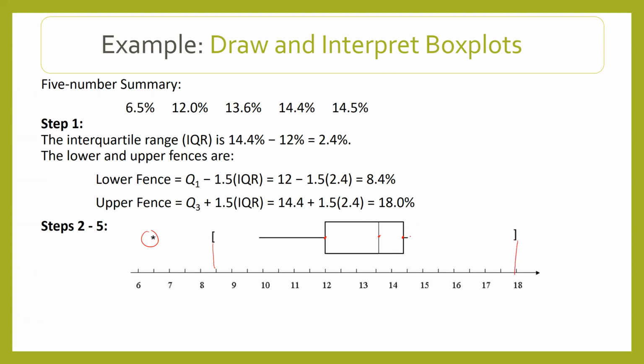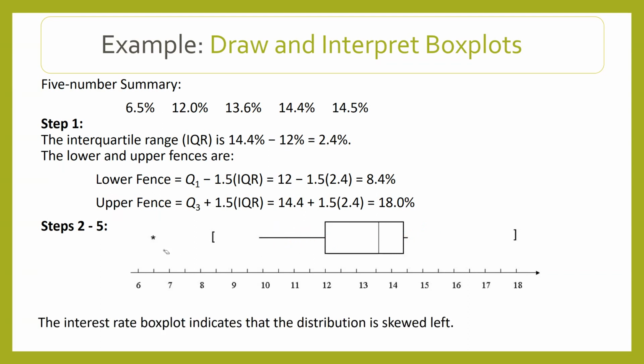And so the number before the upper fence is the 14.5 that we did have. All right, and that's how you come up with your box plots. Of course, immediately, this is skewed to the left because this is longer than this guy. And that will be the interest rate box plot indicating that the distribution is skewed to the left.